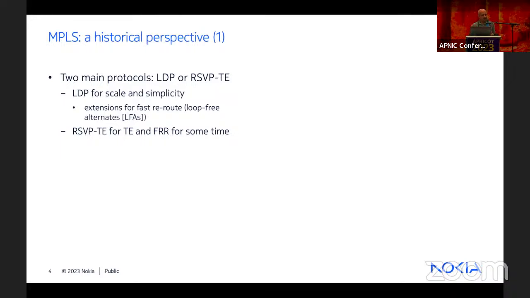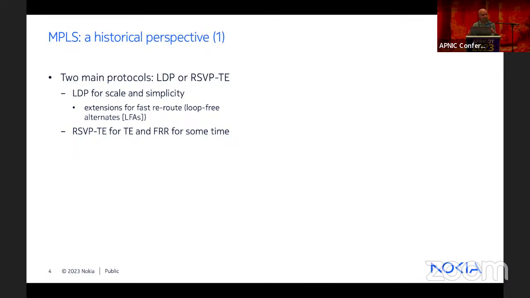Over the years, we've extended LDP with a lot of other things, like multicast LDP. We've introduced things like fast reroute into LDP with something called loop-free alternates, or LFAs. So it's become a really good protocol. Now, we also have RSVP-TE, as I said, and the applicability for RSVP-TE for a long time has been to provide traffic engineered services, to avoid certain paths, or use certain paths, or optimize for certain outcomes in your network.